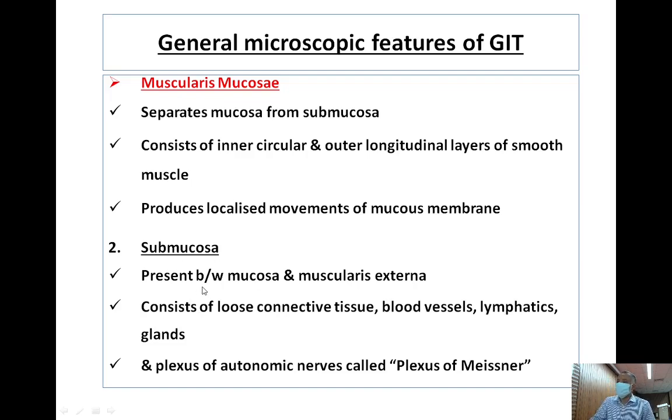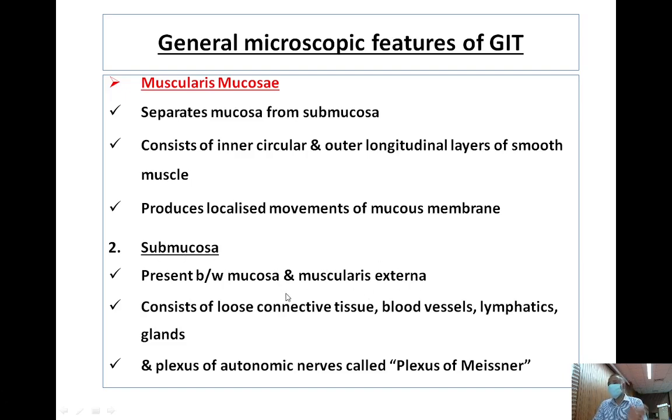The submucosa is present between the mucosa and the muscularis externa. The mucosa has three layers: the lining epithelium, then the lamina propria, then outer to that the muscularis mucosae or muscularis interna. Outer to that we have the submucosa, and outer to that the muscularis externa.